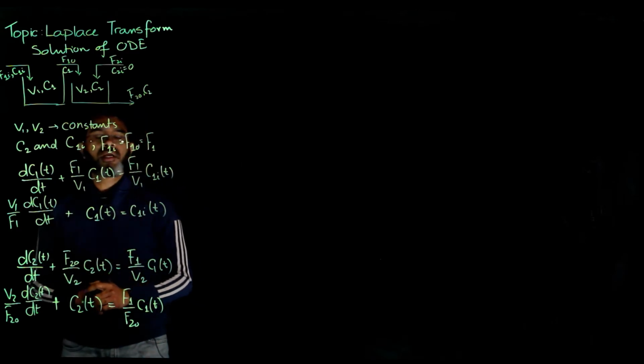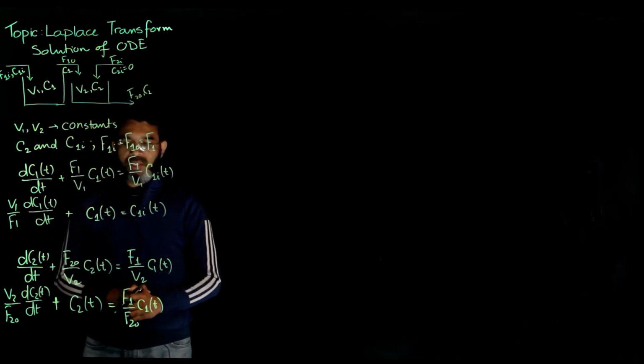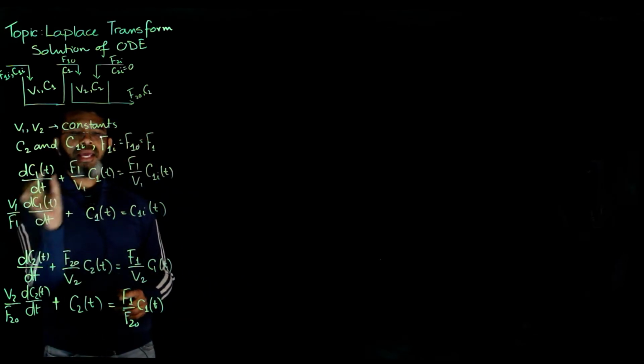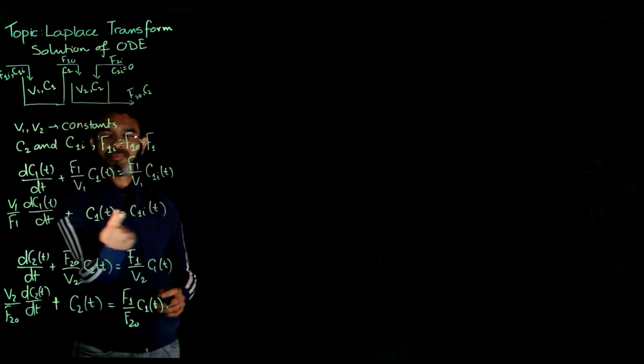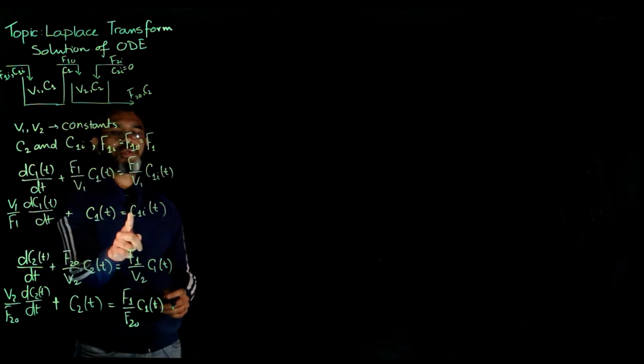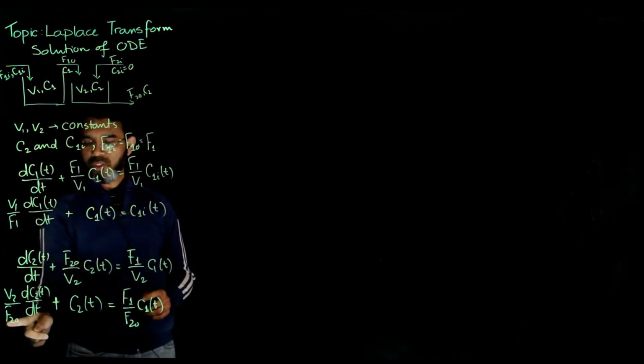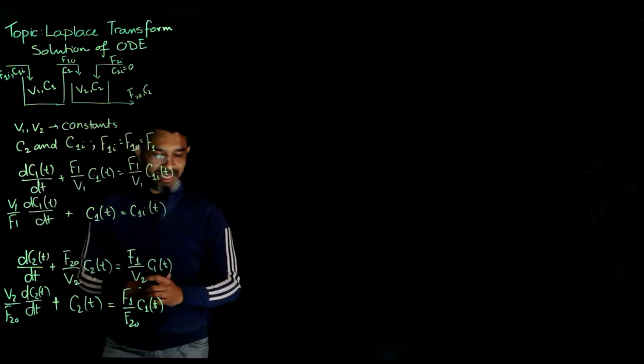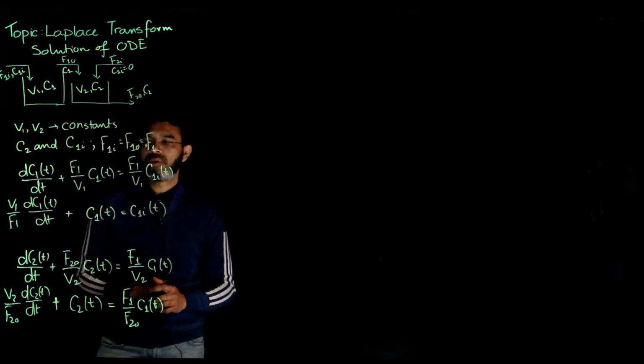Now we'll use this notation: we consider this to be tau 1, and the coefficient to be K1, and this to be tau 2 with the notation K2, and then we'll try to solve it.